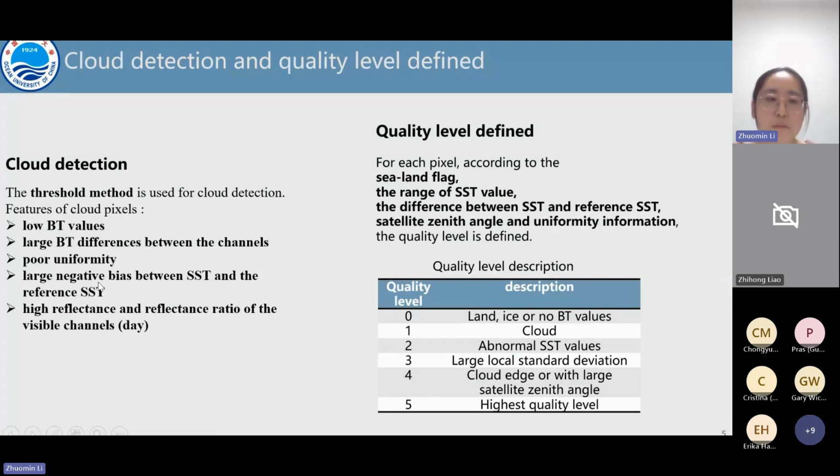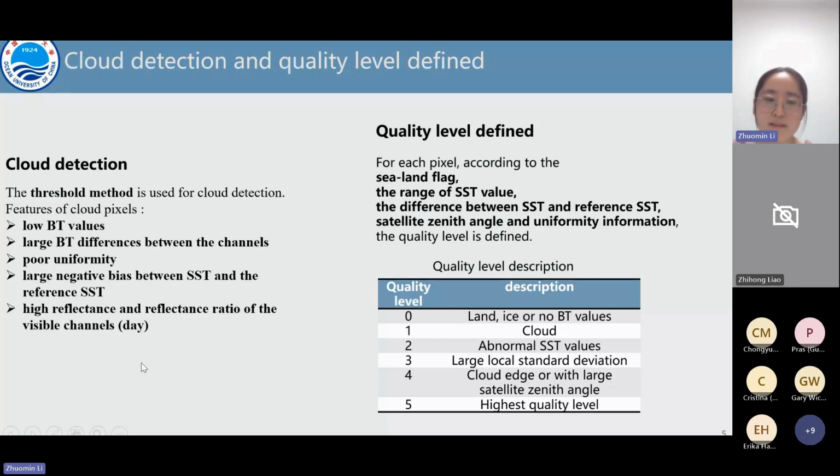And then we perform the cloud detection and quality level definition. For cloud detection, the threshold method is used. Cloud pixels always have low BT values or large BT difference between the channels, poor uniformity, large negative bias between SST and reference SST, and high reflectance and reflectance ratio of the visible channels for daytime.